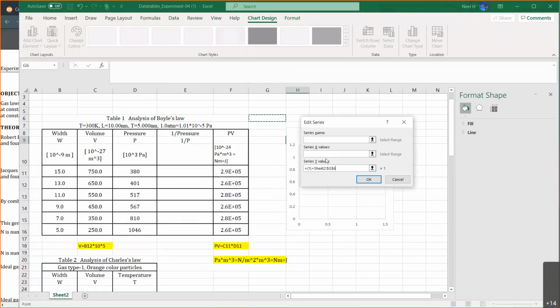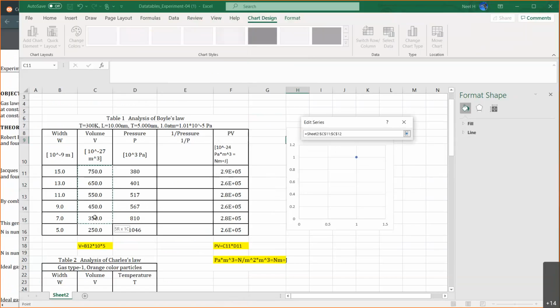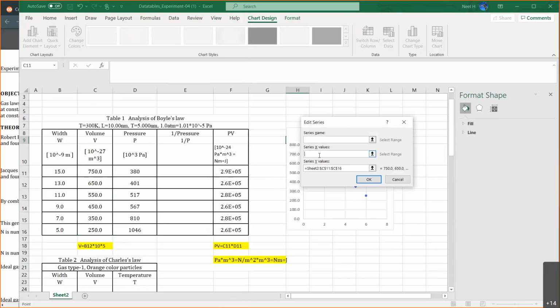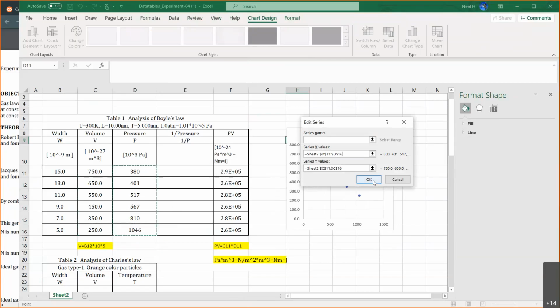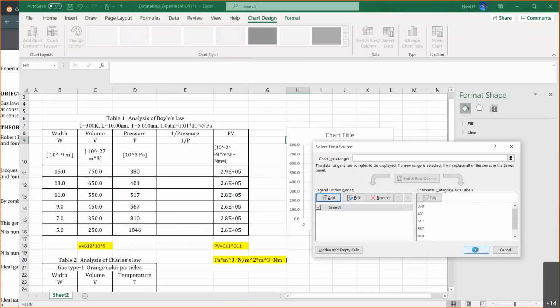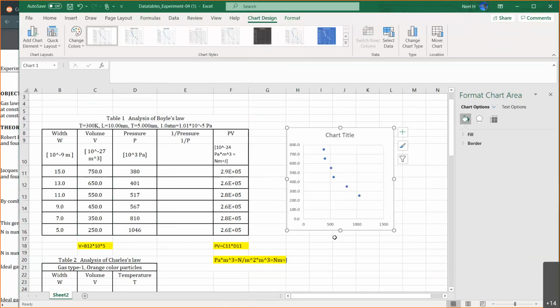You can draw the graph any way you like. It's not really a problem at all, but I'm going to put pressure into the x-axis and volume into the y-axis. Click OK, click OK again.